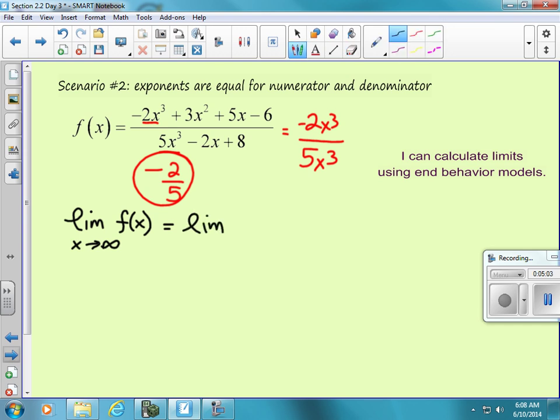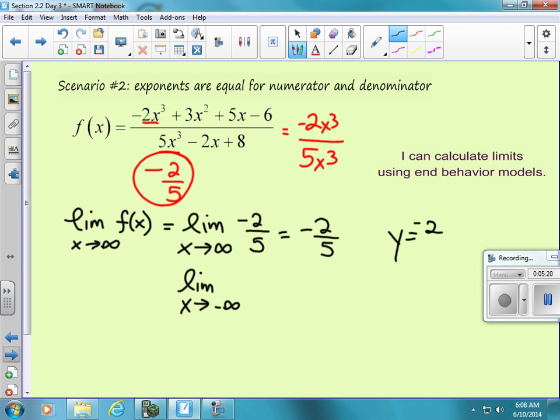The limit as x goes to infinity of -2/5. Therefore, our limit is -2/5. And voila, we have a horizontal asymptote at y equals -2/5.